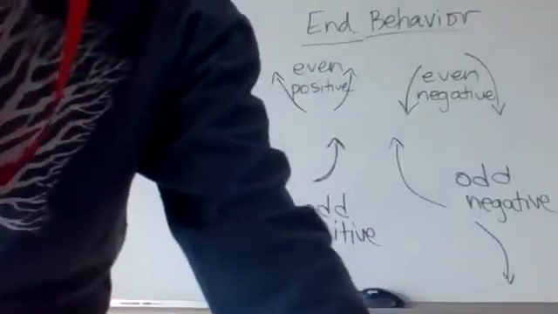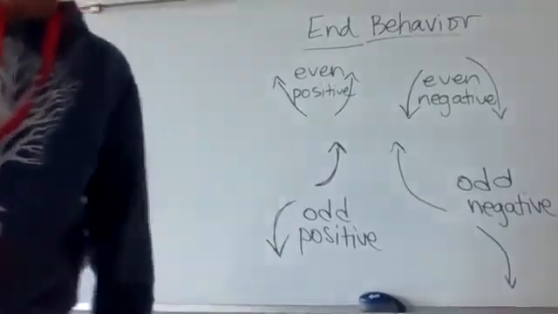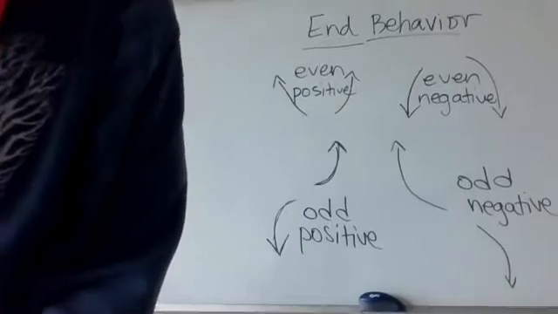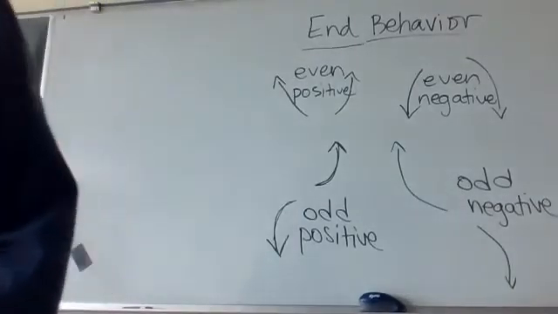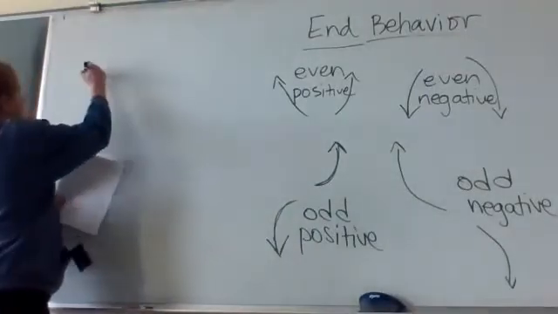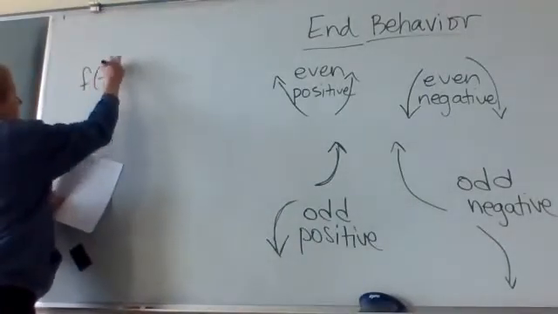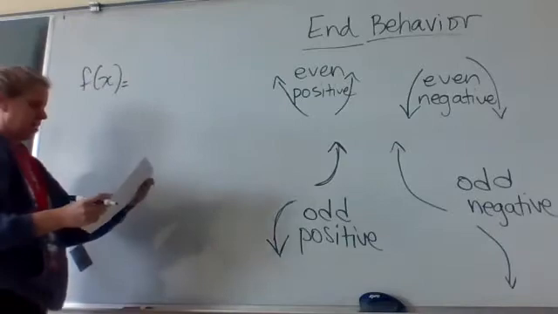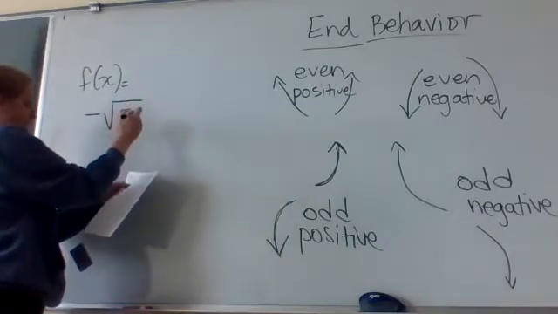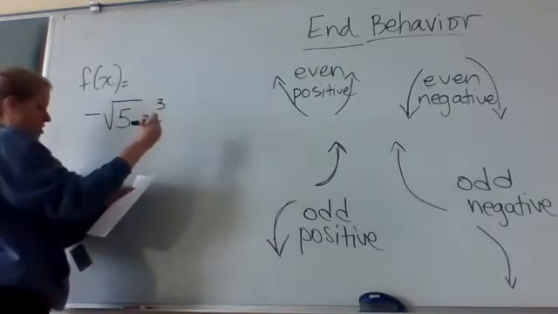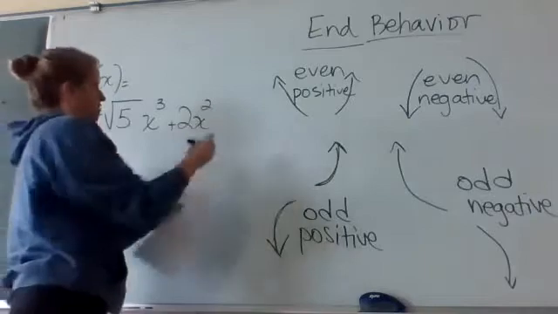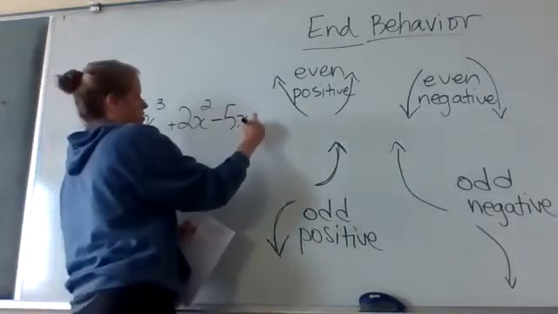So let's look at some of these. I'm going to leave that chart up there while we go through some of these problems. Let's look at number 1. It says f of x equals negative square root of 5 x to the third plus 2x squared minus 5x plus 2.